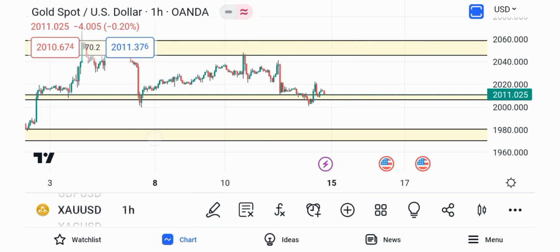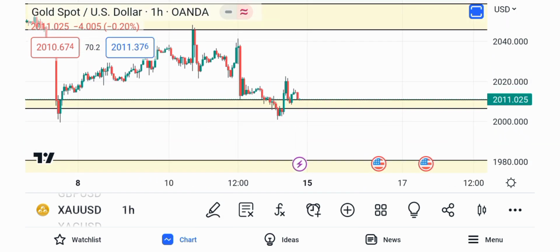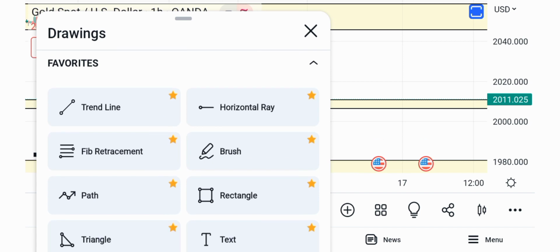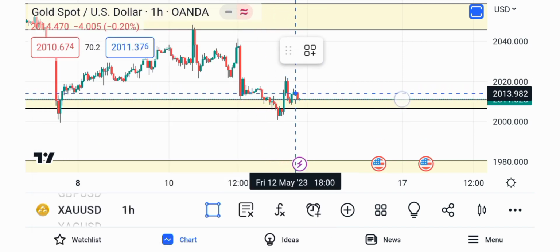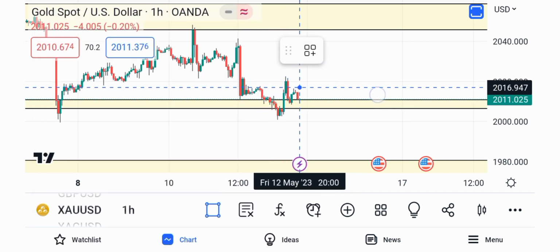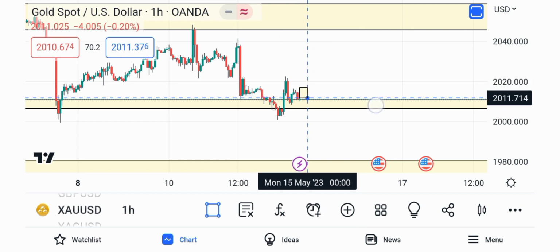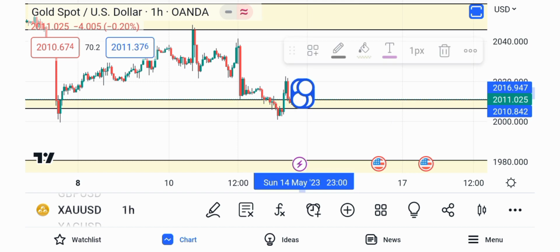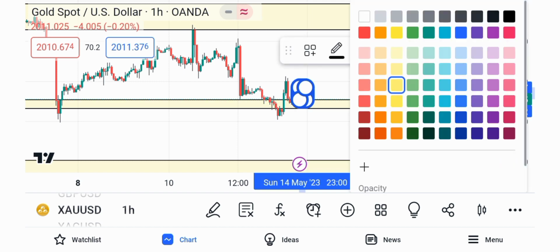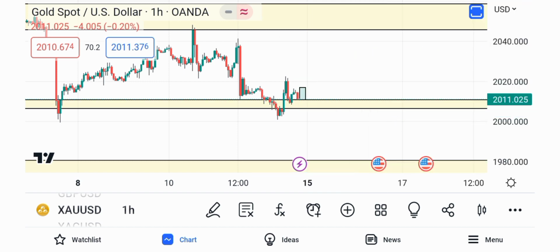But if gold wants to continue upwards, the confirmation I want to see is a 1-hour bullish candle closing above this bearish candle. I've represented this box as a bullish candle.